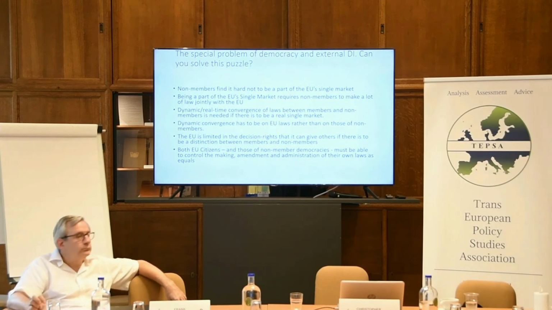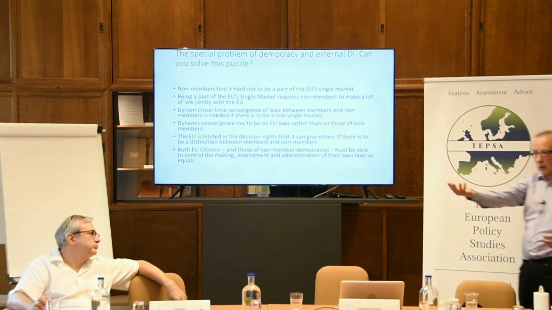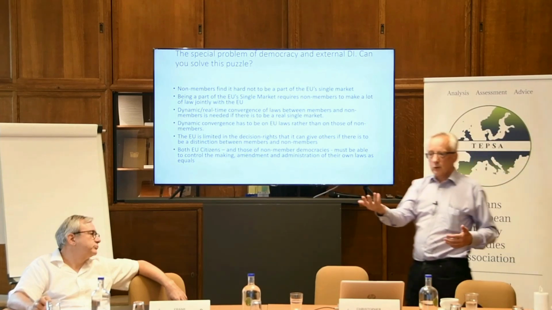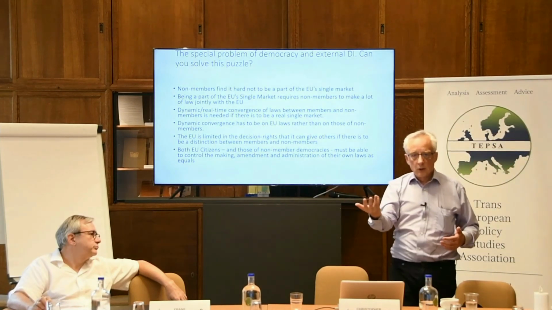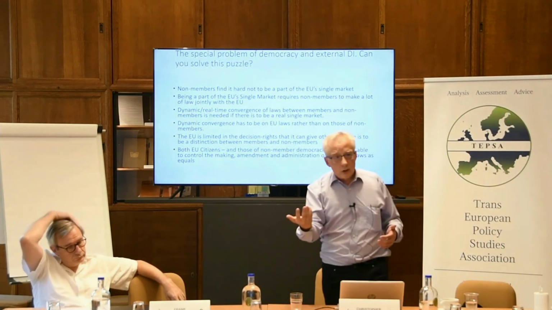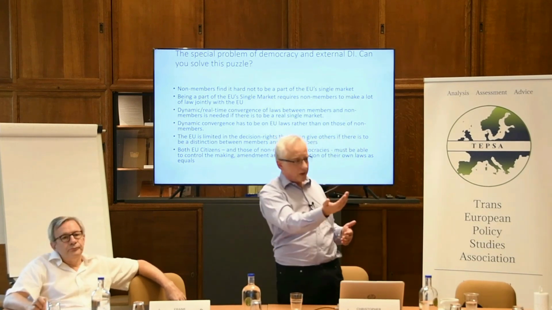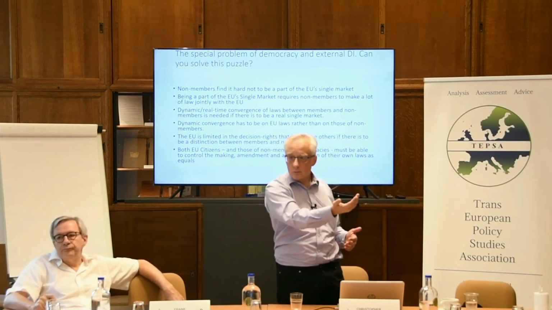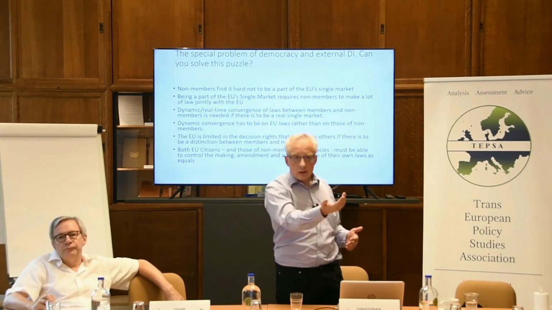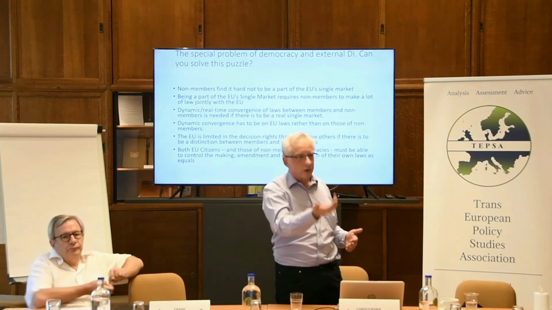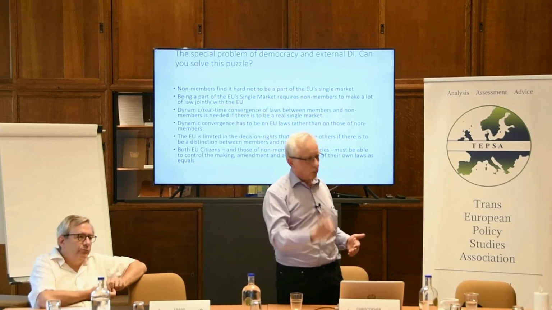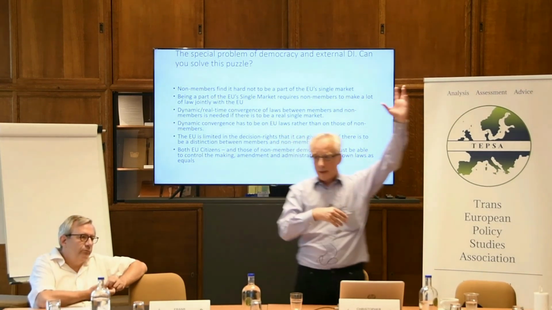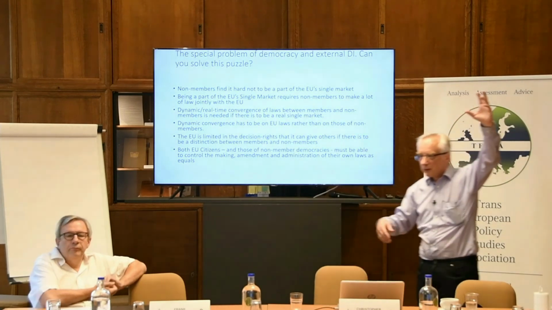Non-member states need to be involved in the EU single market. To do that, they have to adopt a whole lot of EU law. The EU cannot give non-member states decision rights in its own decision-making. EU citizens, believe it or not, have a right to control their own laws as equals without having a whole lot of outsiders imposed upon them.